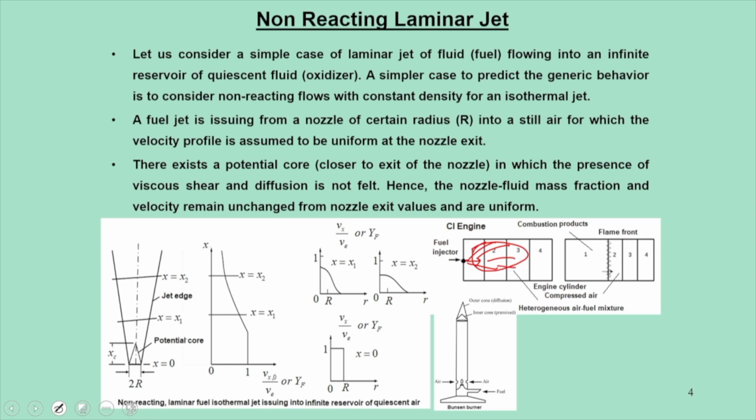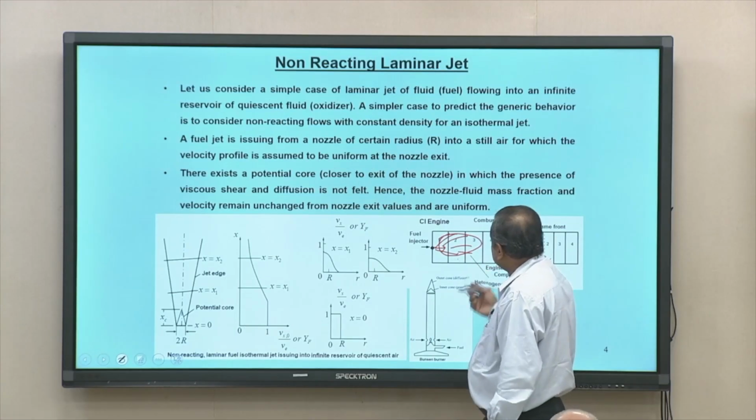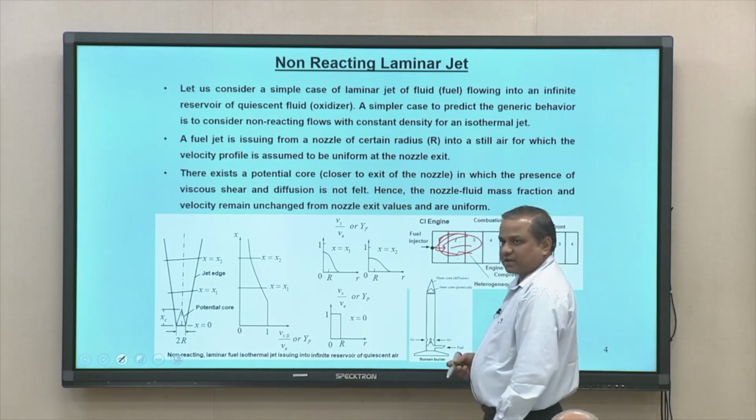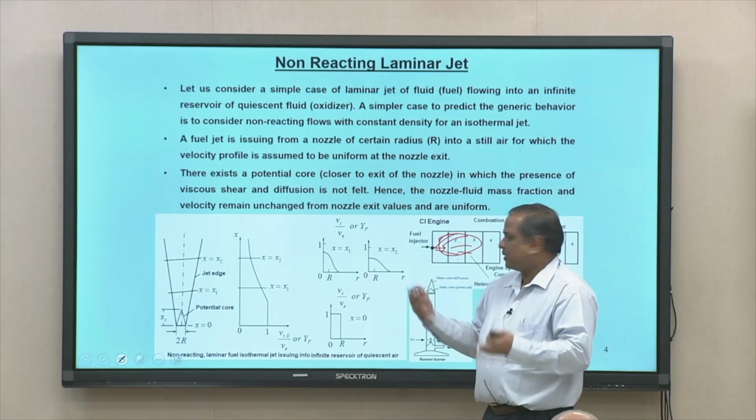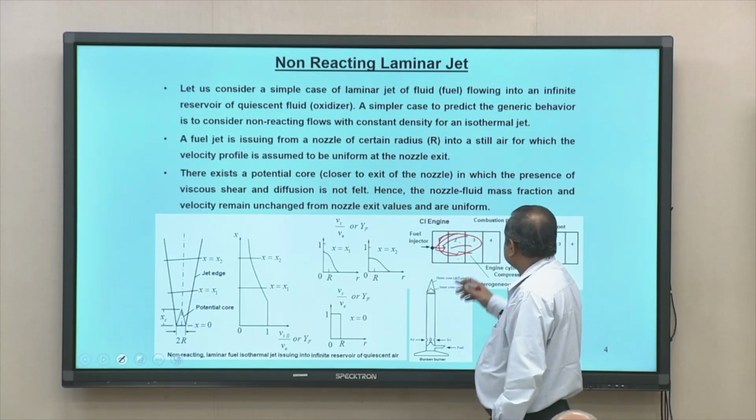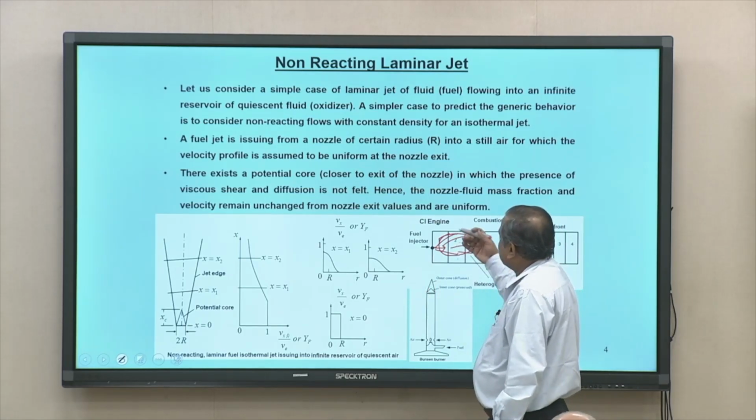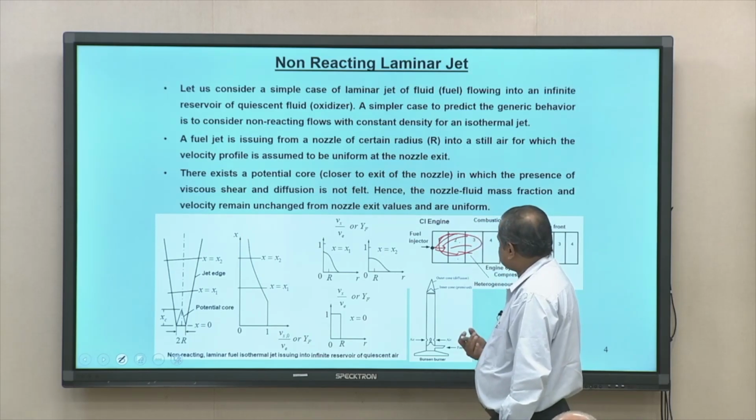This is the first set of flame. A second set of flame can happen as a consequence of the first set. That is what the phenomenon of auto ignition is all about. Those kinds of events we are trying to simulate.